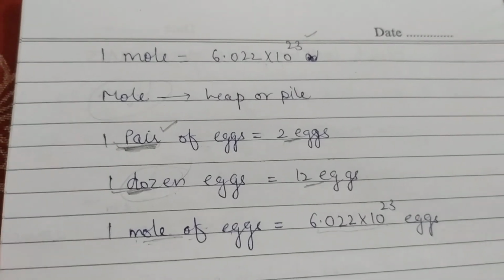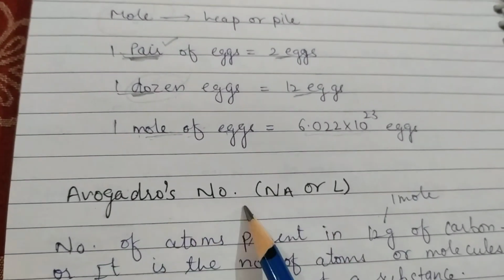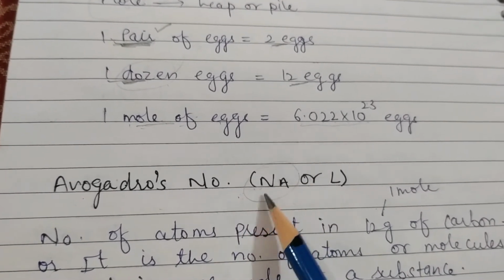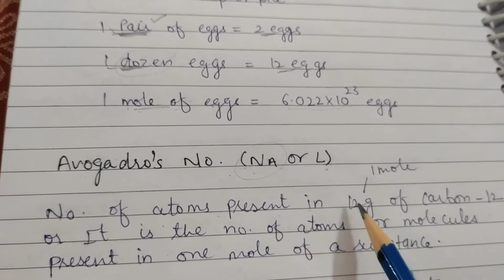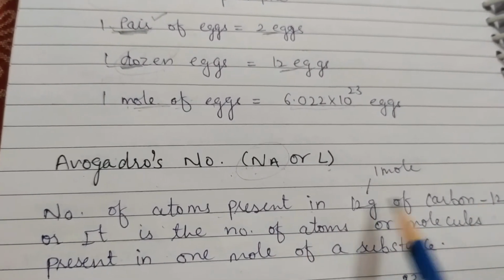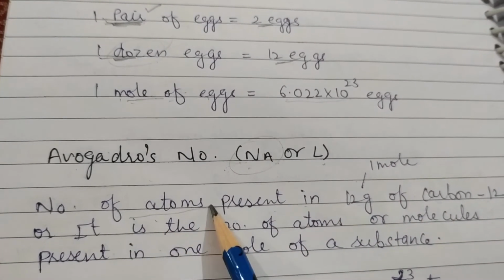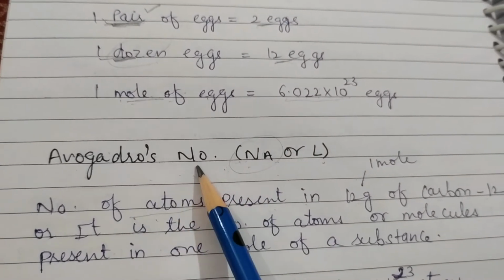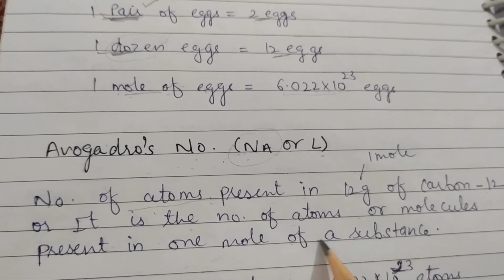Okay, so let's move. What is Avogadro number? See, this is denoted by capital Na or L. The number of atoms present in 12 gram of carbon 12, means the number of atoms present in 1 mole of carbon 12, that will be the Avogadro number, or it is the number of atoms or molecules present in 1 mole of a substance.